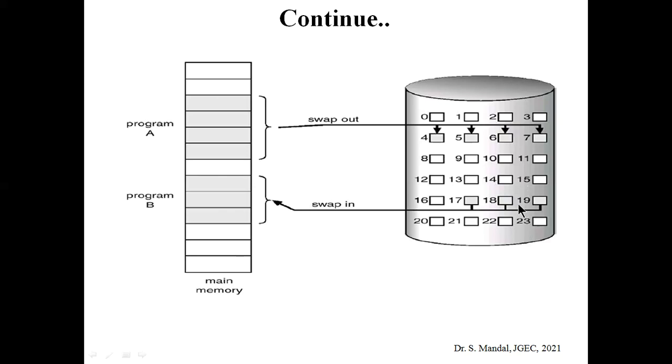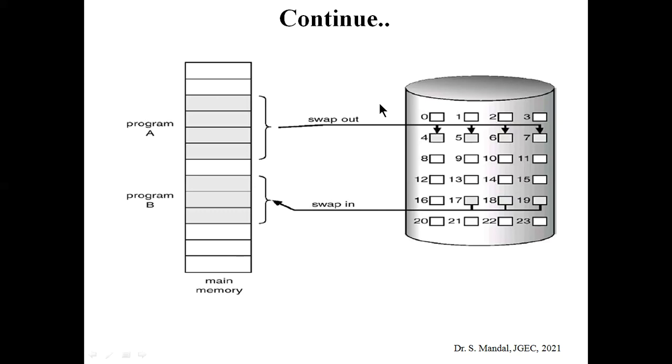we can swap in some particular pages into the main memory if there is free memory in the RAM. But again, we can swap out some pages from the main memory and store them into the respective secondary storage.